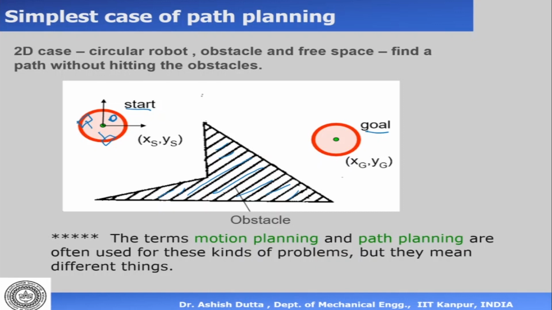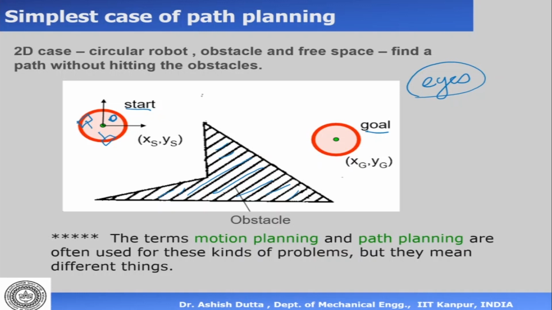In terms of English it is very clear. For us it's extremely easy to just look at the picture and see, because we have eyes. I can see where the obstacle is, where the start is, where the goal is. This poor robot does not have eyes and there is no vision data.